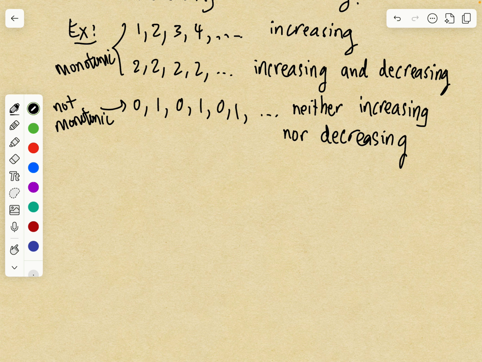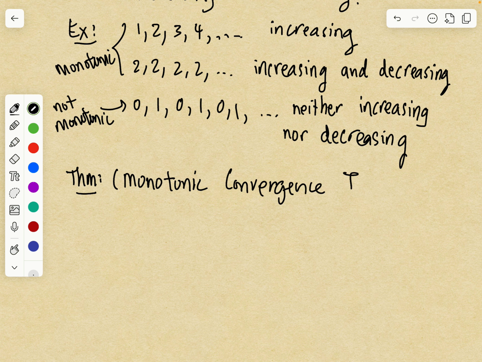Now we come to this theorem. It's called the Monotonic Convergence Theorem. This is an important theorem because we'll end up using it in proving other theorems.